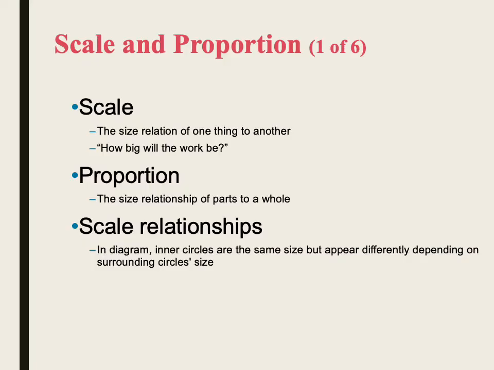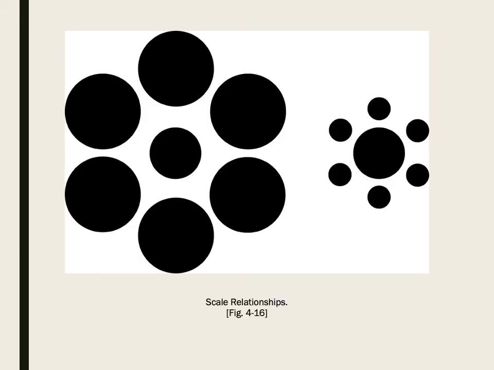So what is scale? Scale is the size. When we are talking about scale, we are talking about size, and when we are talking about size, we are talking about large, small, or medium size. How do we know it's small or large?